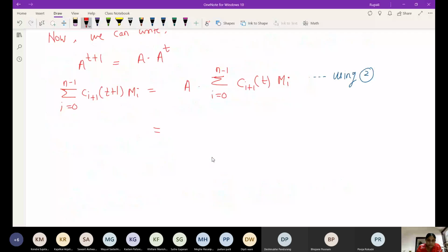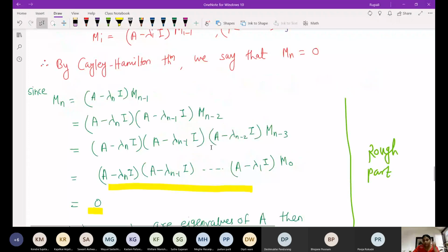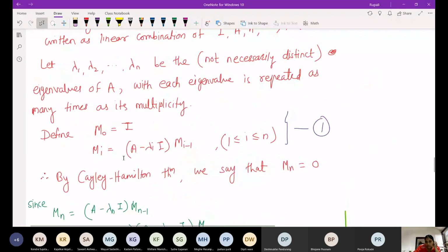Now if I take a inside the summation i is equal to 0 to n minus 1 ci plus 1 of t, a times mi, and a times mi I can write as mi plus 1 plus lambda i plus 1 mi, using 1. Is that right? How can I write a times mi?